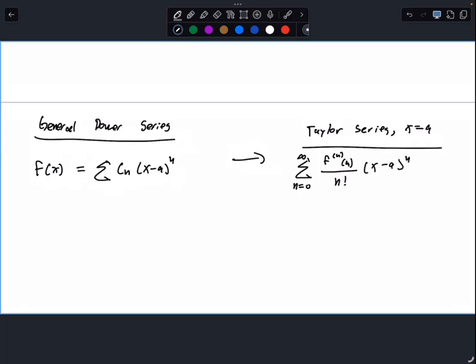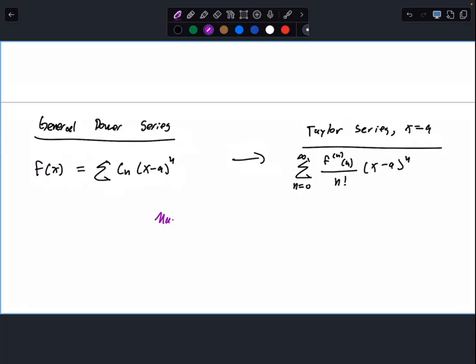A lot of this is trying to go in reverse, and the vocabulary used is function to Taylor series, or a power series is a Taylor series of a function. You could say all Taylors are power series, but not all power series are Taylors of some specific function. That's the more appropriate way of saying it.